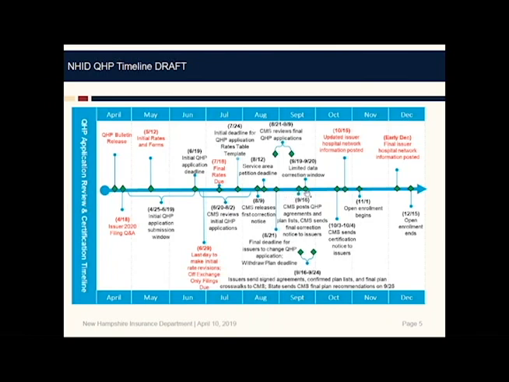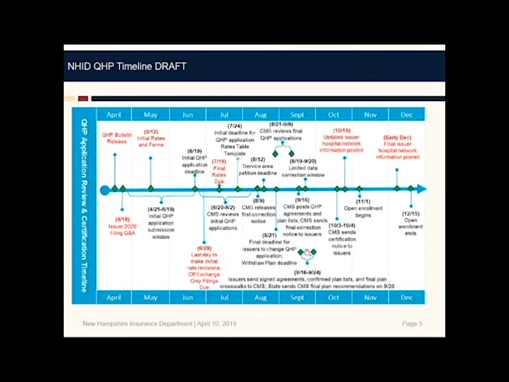The data correction window this year will be from September 19th through September 20th. In regards to the signed agreements, the window for issuers to send these signed agreements is from September 16th through September 24th.